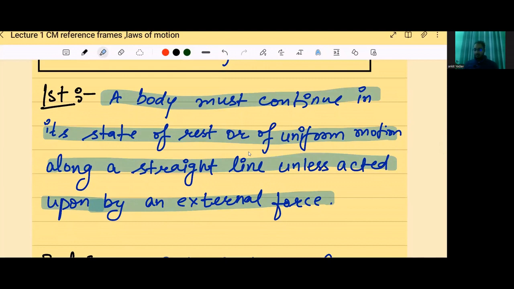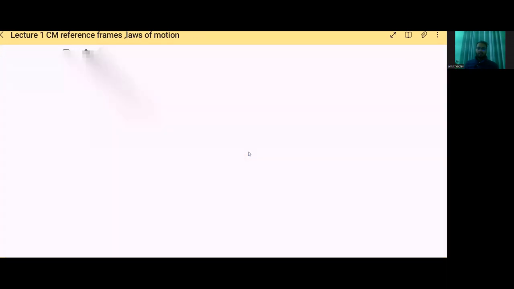If an object is at rest, it wants to be at rest. If it is in motion, it wants to be in motion. And अगर कोई external force हम नहीं लगाते, then its state of motion will not change.